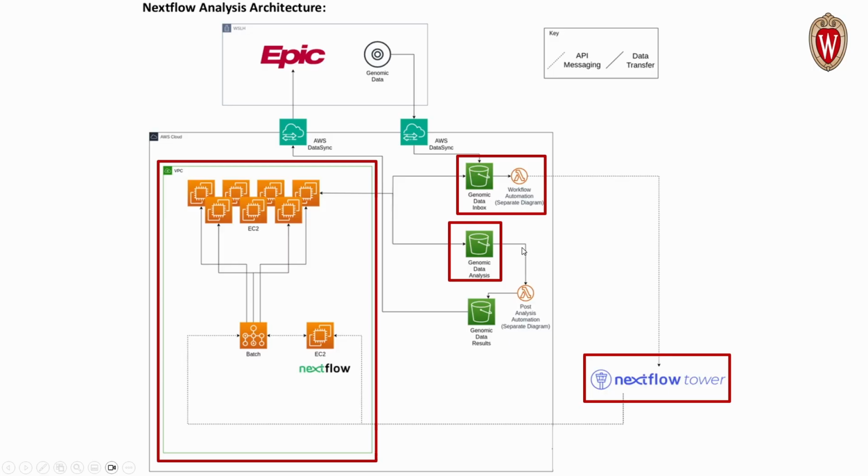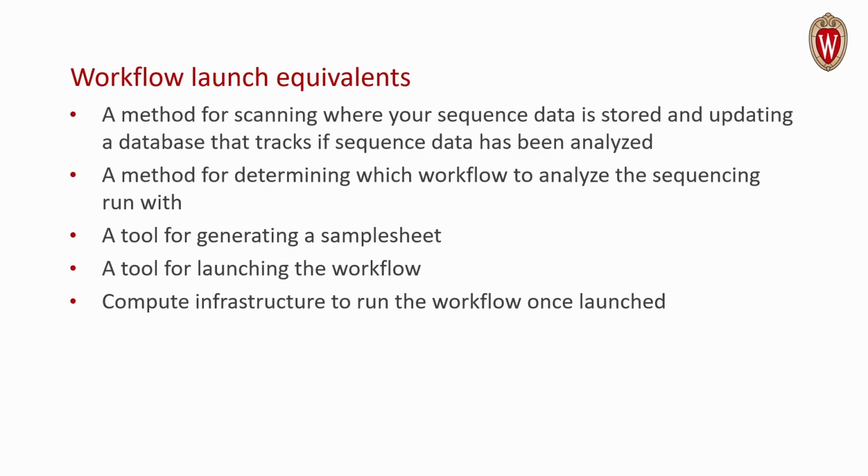Now, as for workflow launch equivalence, you would need a method for scanning where your sequence data is stored, as well as a method for updating a database that tracks if the sequence data has been analyzed so you don't have any repeat analyses. You would need a method for determining which workflow to analyze the sequencing run with. In our case, we have a separate Lambda function that only triggers strep pneumo analysis, but you could have another way of tracking what workflow to use if you had multiple workflows.